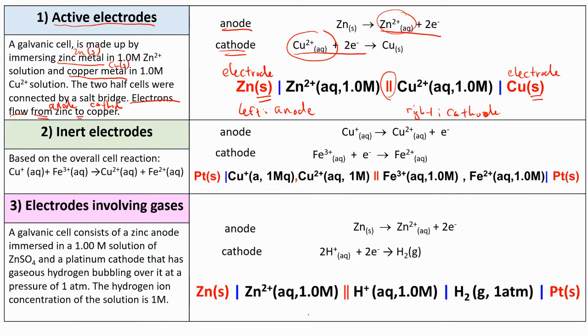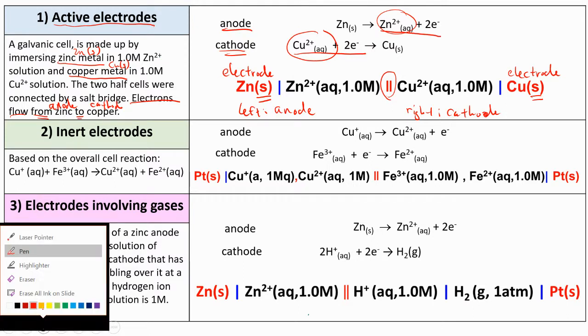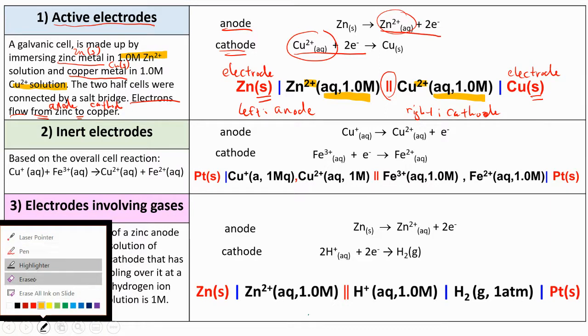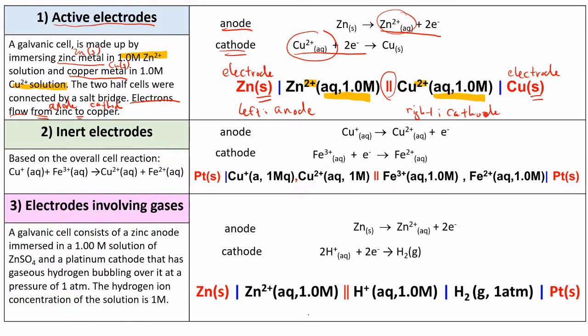Another way is that the question itself has already mentioned 1 molar of Zn2+ and 1 molar of Cu2+. So straight away, you can write it in the cell notation. And remember, don't forget to label your salt bridge.